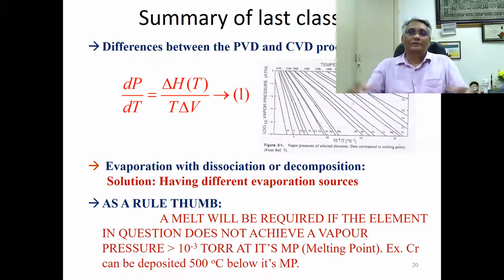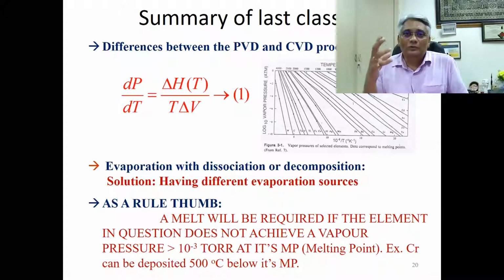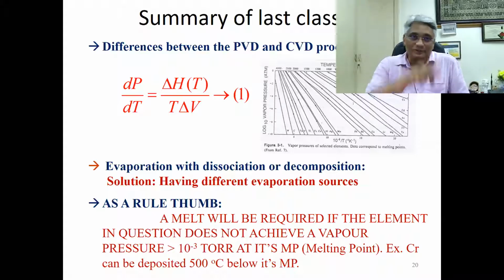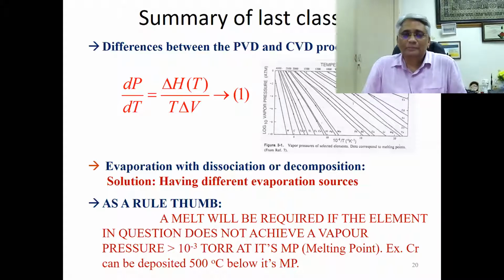That means atoms from a chromium source can be removed 500 degrees below its melting point, because 500 degrees below its melting point, the vapor pressure reaches values greater than 10 raised to minus 3 torr, required for the evaporation process to be possible. Okay.